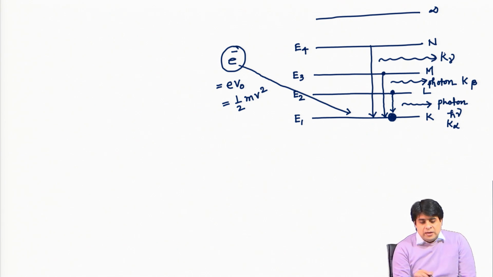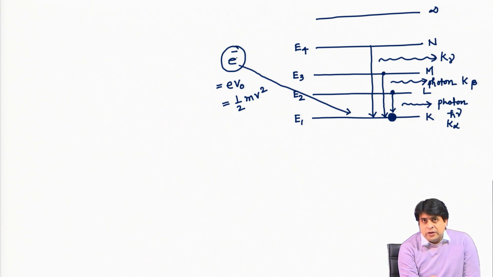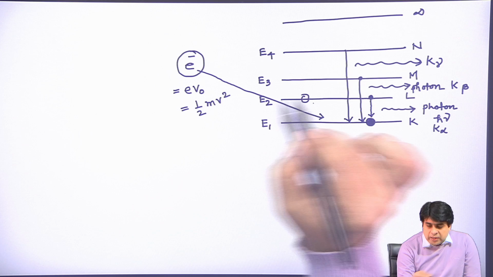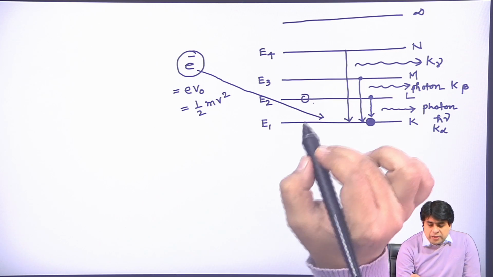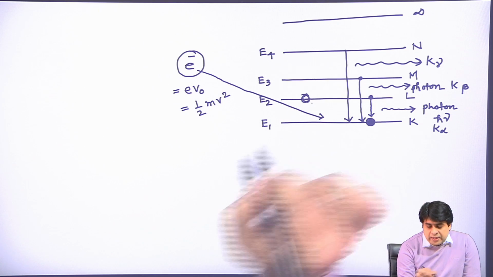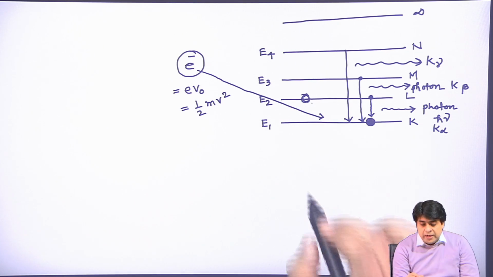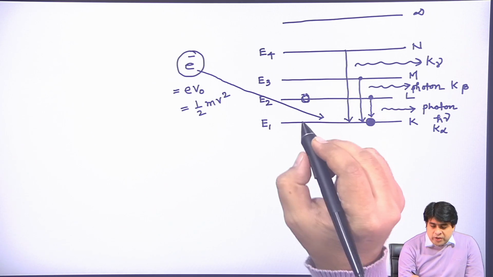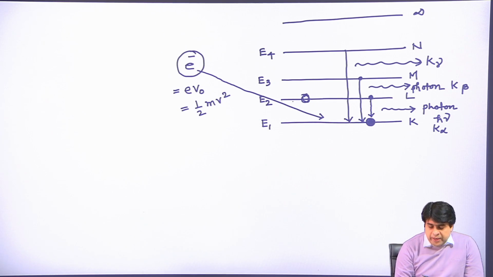Similarly, the incident electron will also hit the L shell, the M shell and the N shell. Let us take the example of the L shell. When it strikes the L shell, it removes some of the electrons from the L shell, and there will be a void in the L shell.